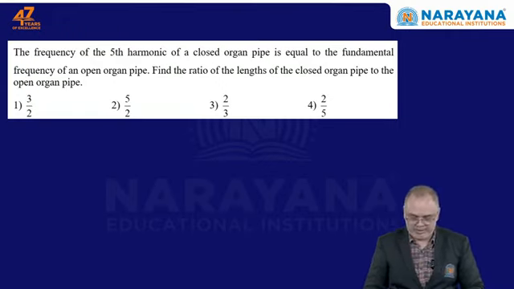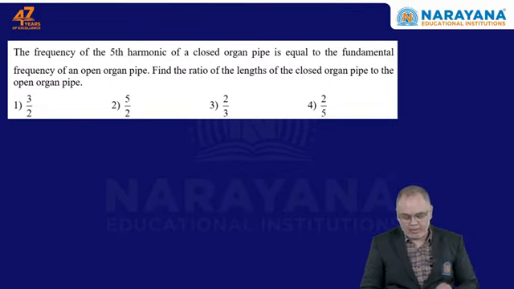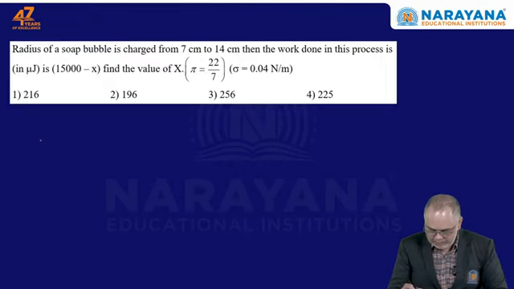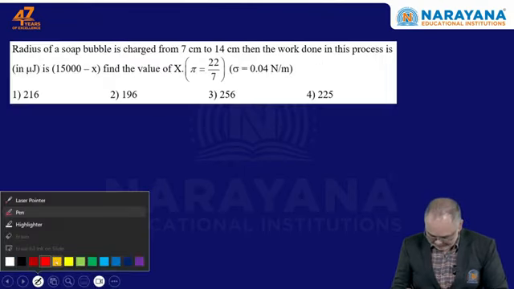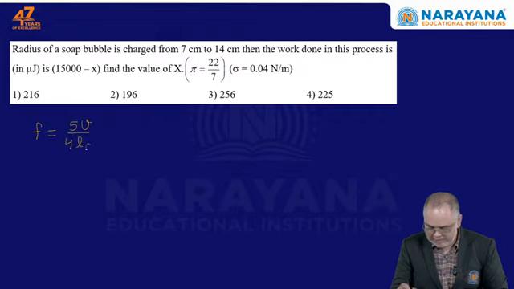So the first question is, the frequency of the fifth harmonic of a closed organ pipe is equal to the fundamental frequency of an open organ pipe. Find the ratio of the lengths of the closed organ pipe to the open organ pipe. So for the closed organ pipe, the fifth harmonic frequency we can write as F equal to 5V by 4LC.